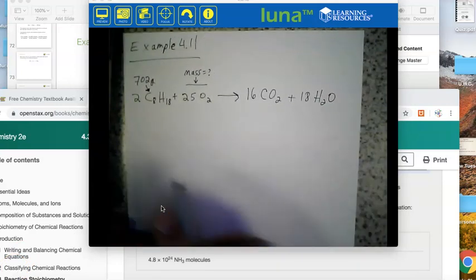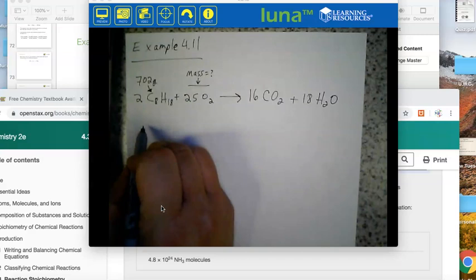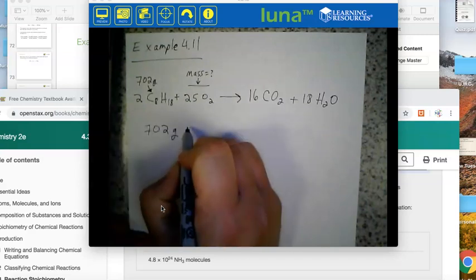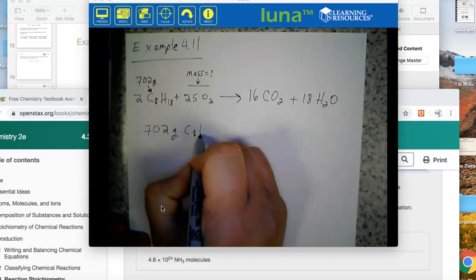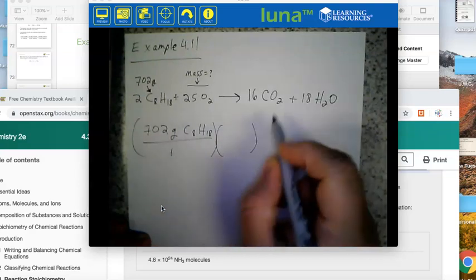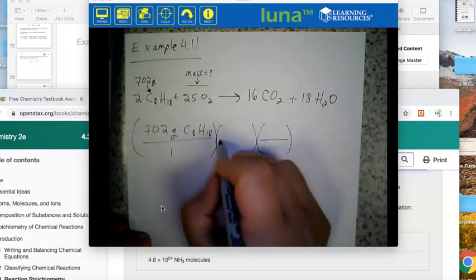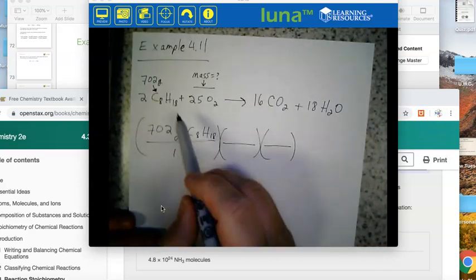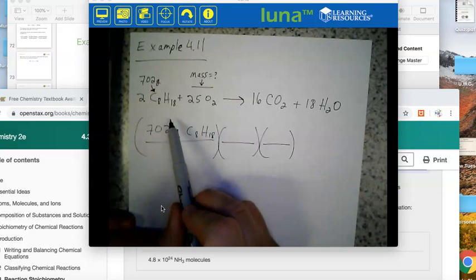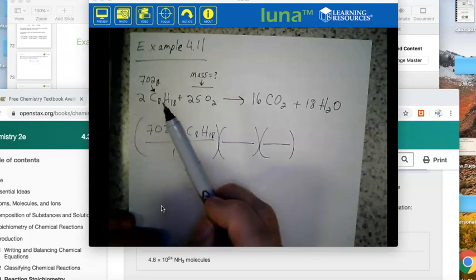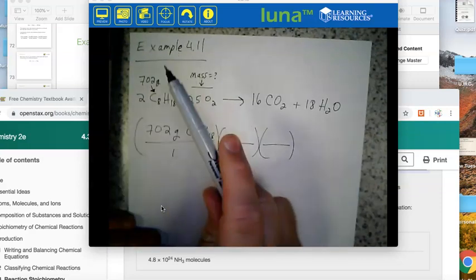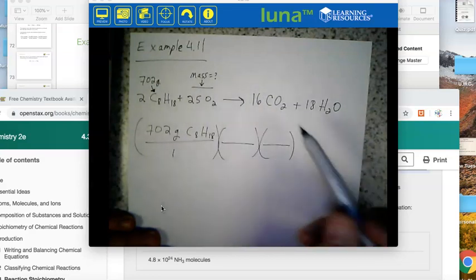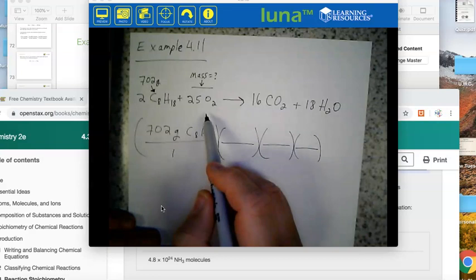All right, so here we're starting out with 702 grams of propane. Okay, so we need to go from the mass of propane to moles of propane first, and then go from moles of propane to moles of O2, and then moles of O2 to mass of O2.